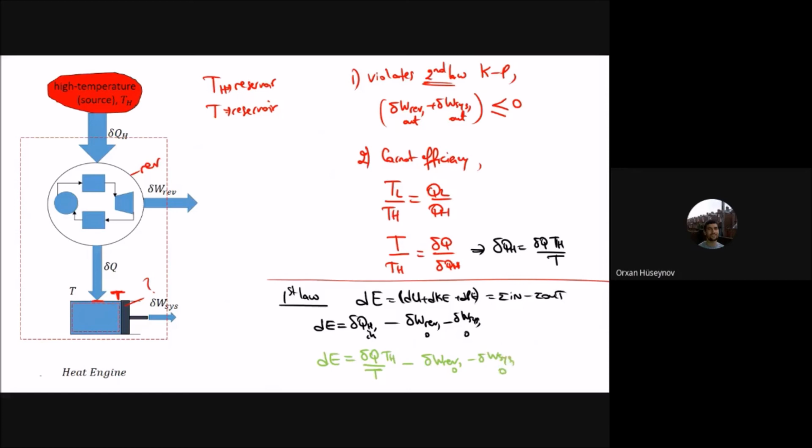Now I will let one cycle happen, and then I will take the cyclic integral of all of the terms here.